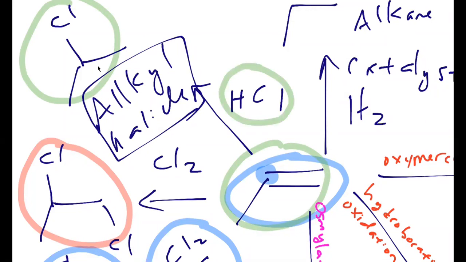Do you see where the chlorine is? It ends up on the secondary carbon, and not the other carbon. That's a key feature for that reaction. There's a reason that it happens in that way, and not the chlorine being on the other side.